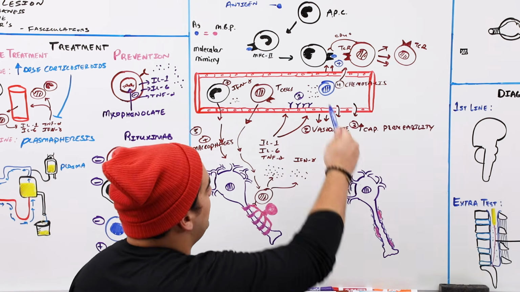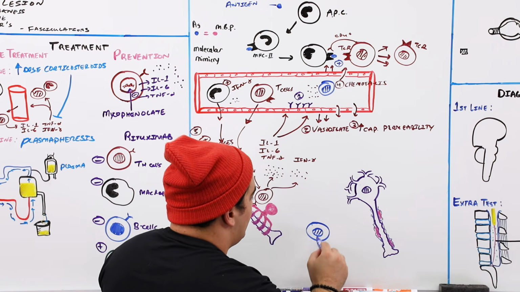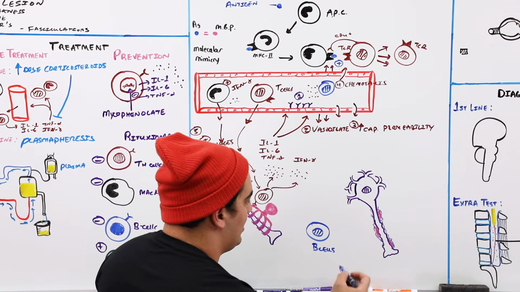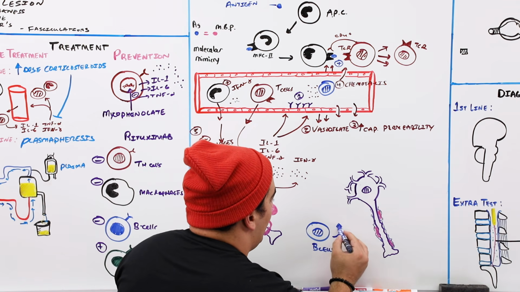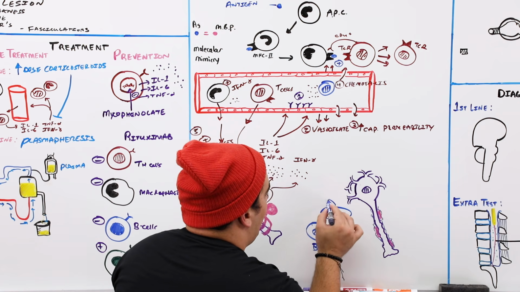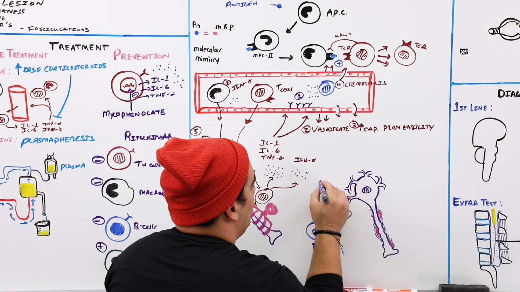Now we're going to have some of these B cells come into the area, and they're going to start getting activated, because there's a lot of inflammation and a lot of cytokines. They're going to get converted into a very specialized antibody factory, and they're going to start popping out antibodies like IgG antibodies.